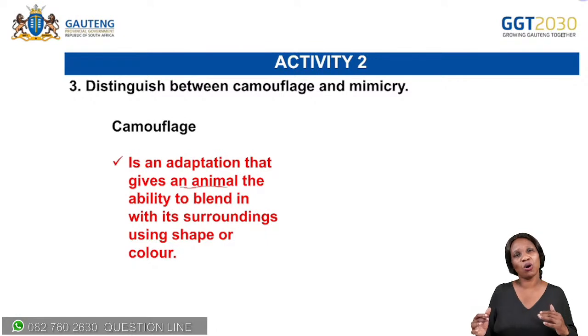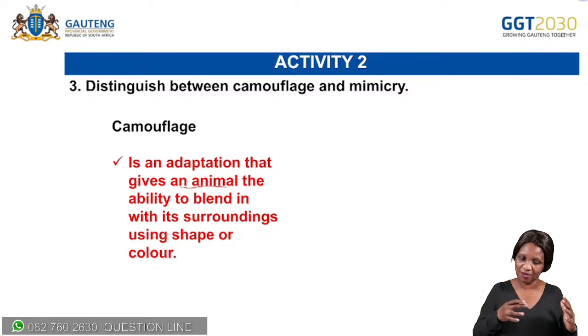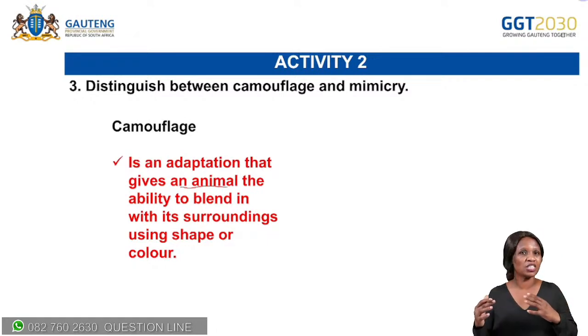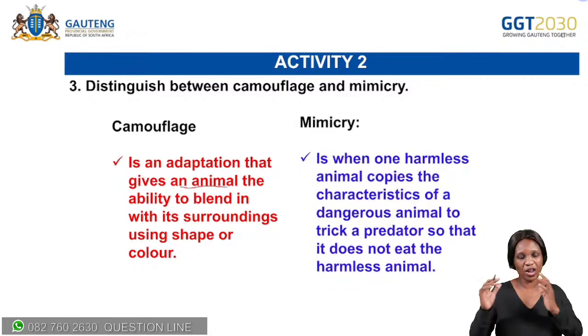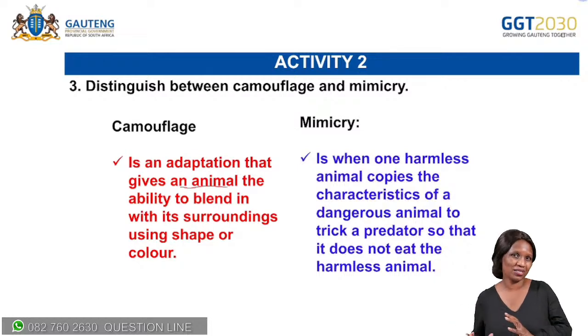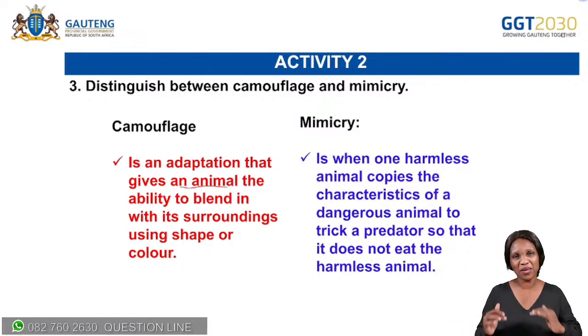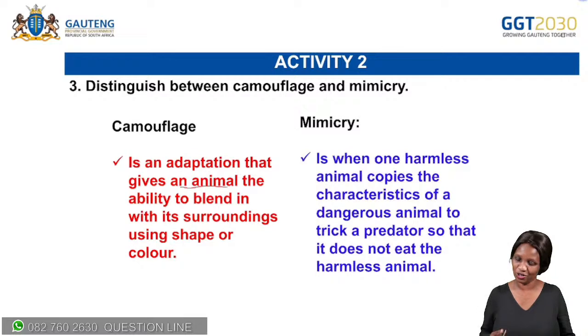Why? Because it is mimicking it. It doesn't want its predators to kill it, because its predators will be fooled thinking that this is a venomous snake when it is a non-venomous snake. That is mimicry. Do you get it? Good.